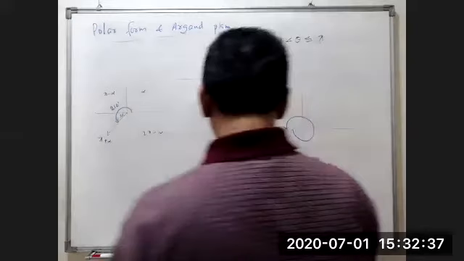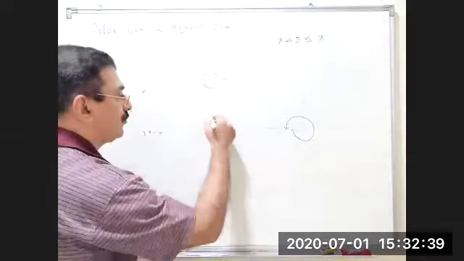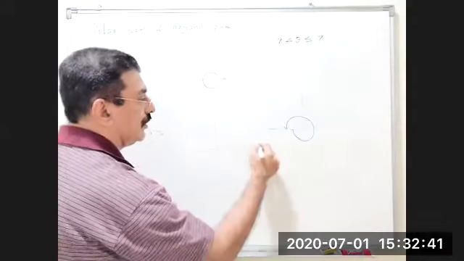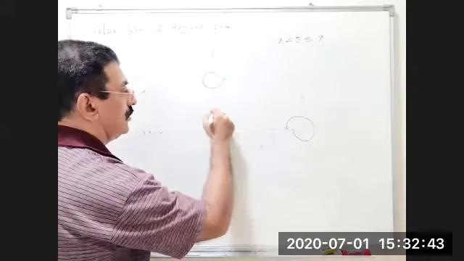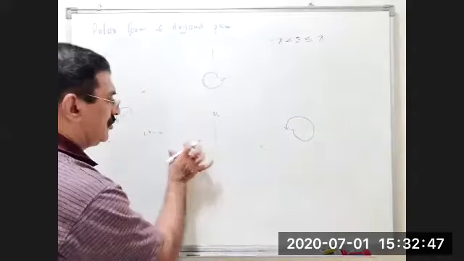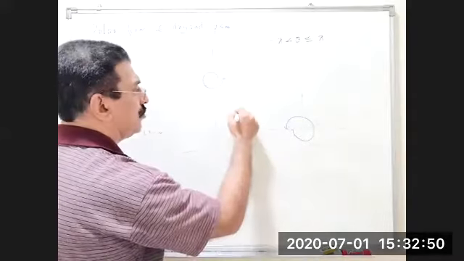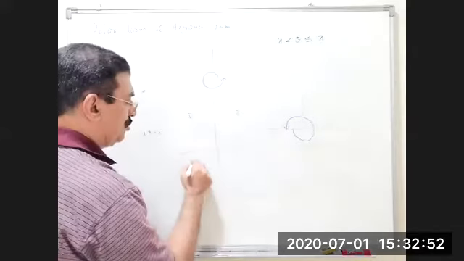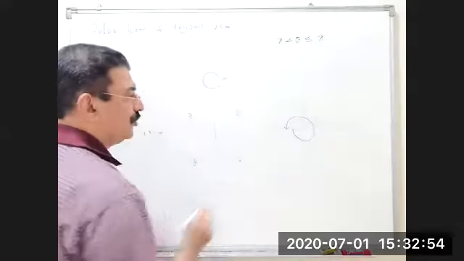So in this case, this is pi by 2, pi. Quadrant 1, quadrant 2, quadrant 3, quadrant 4.